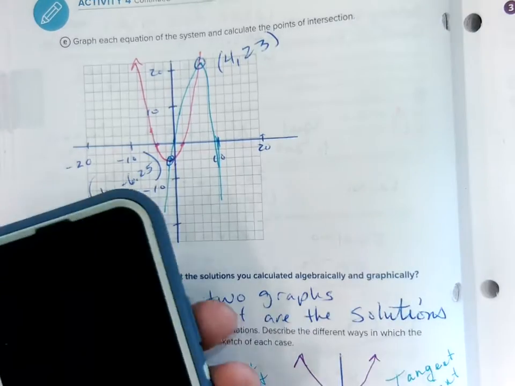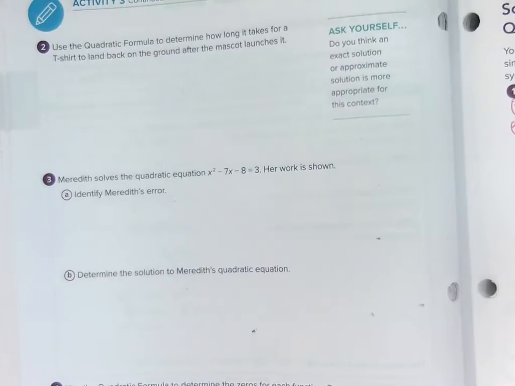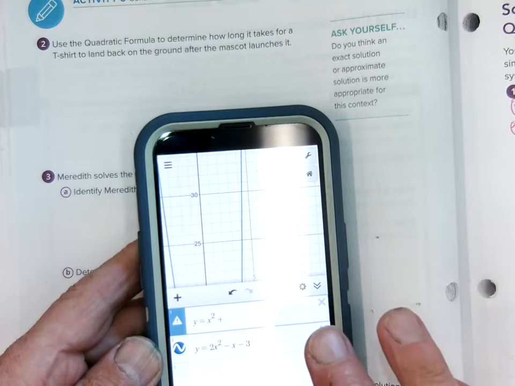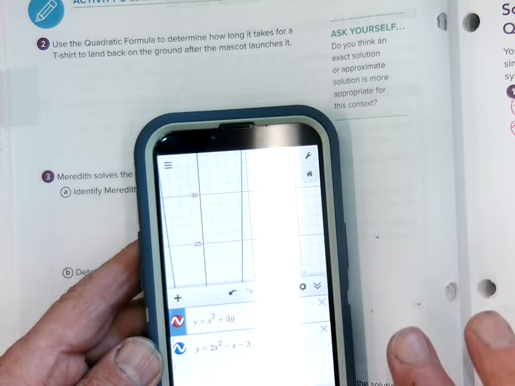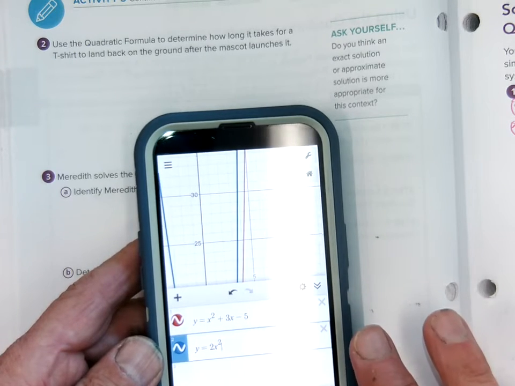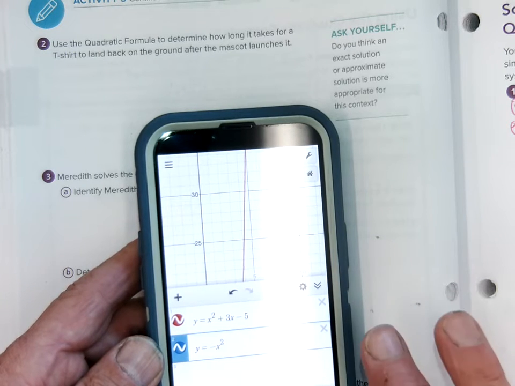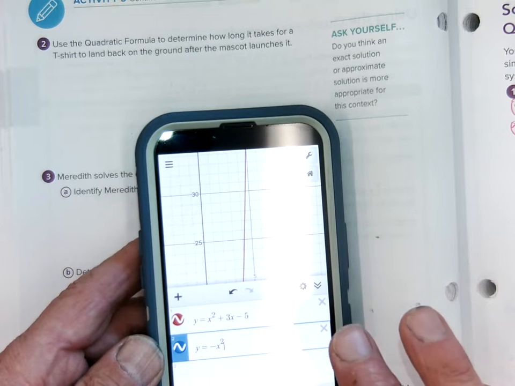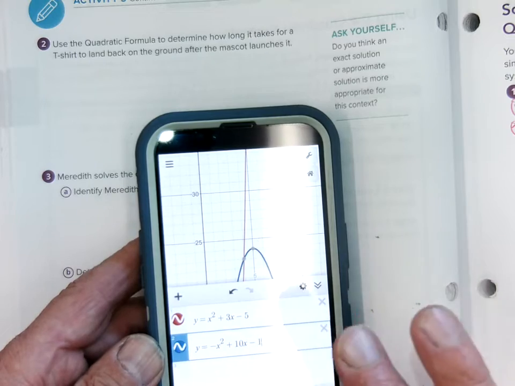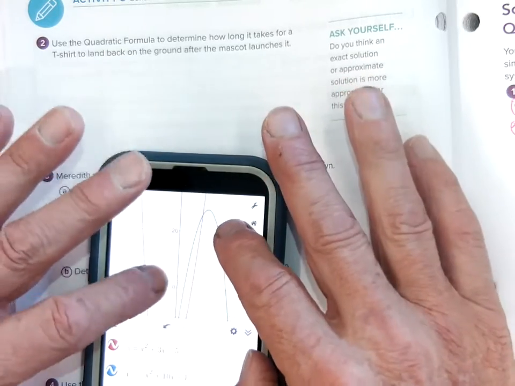On Desmos, you can go ahead and put in x squared plus 3x, subtract 5, and my other equation was negative x squared plus 10x, subtract 1, and what I see is 2 points of intersection. Okay, it looks like that.